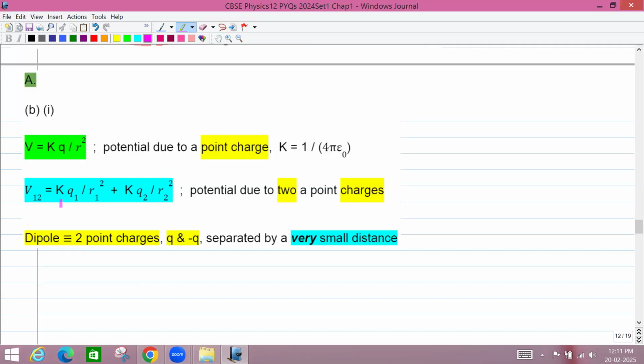So the potential will be K Q1 by R1 due to the first charge plus K Q2 by R2 due to the second charge. And a dipole has two charges, one is plus Q and the other is minus Q. So you can put Q1 as plus Q and Q2 as minus Q.